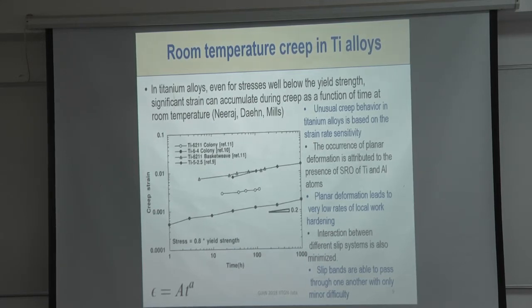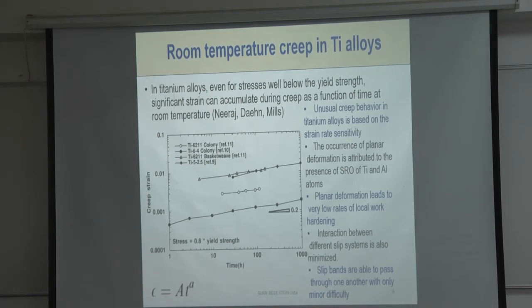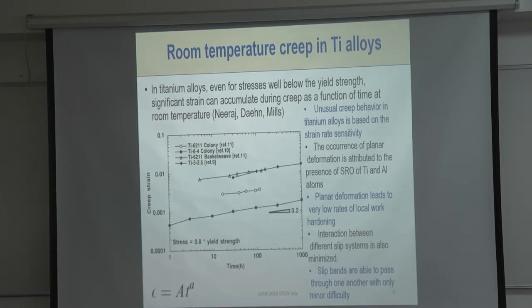Several different authors. And the slope, actually, if you take this equation, that is Andrade's creep. How many know Andrade's creep? Primary, secondary, tertiary creep? Yeah. So this is the primary creep, and this is Andrade's law, right?